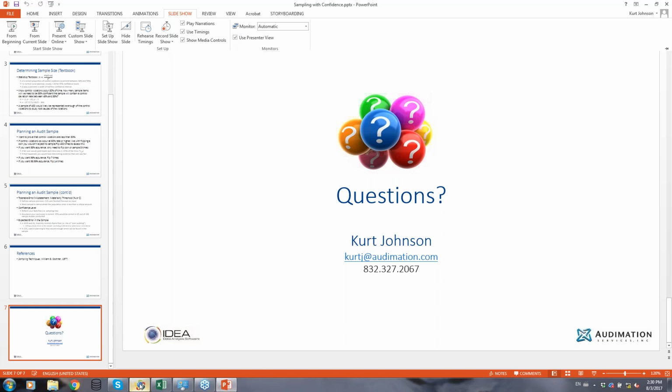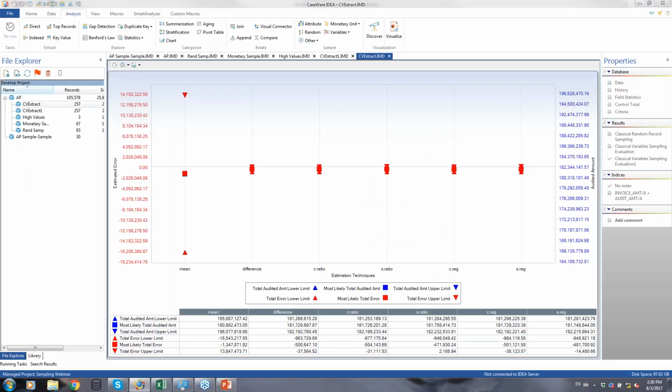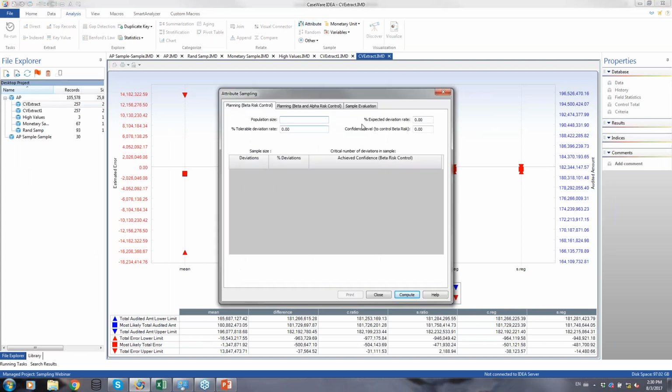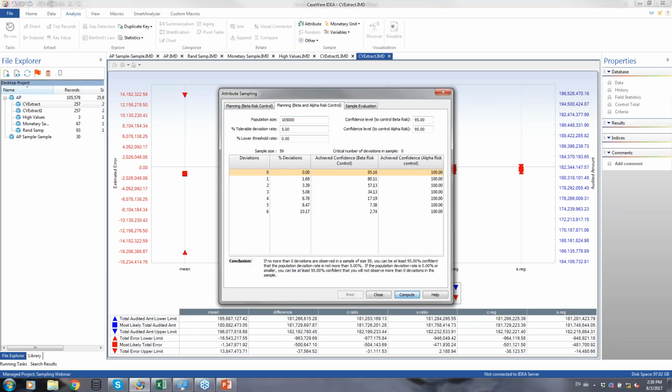In attribute sampling, you control your alpha risk with your expected deviation rate, and you control your beta risk with your confidence level. There's also a more sophisticated planning option where you can put in an explicit alpha risk and an explicit beta risk for population size, and put in a tolerable deviation rate, and it will also allow you to calculate a sample size that way.